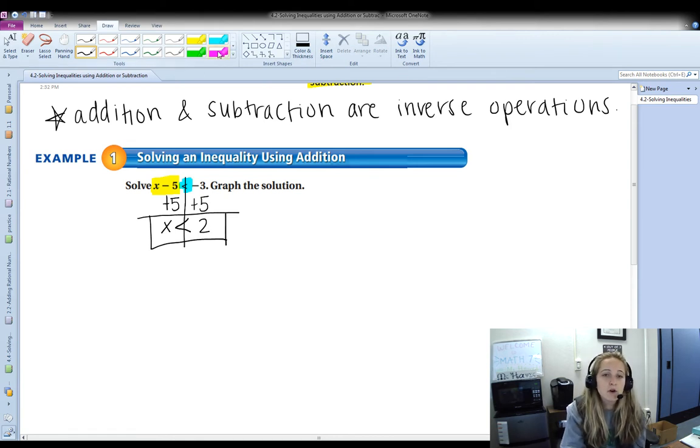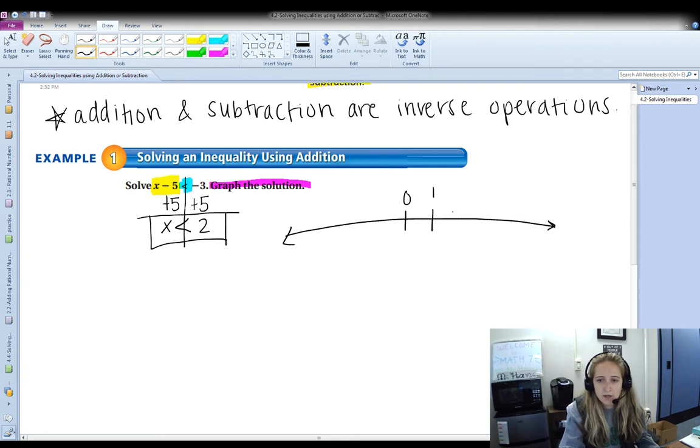Now notice over here, it says graph the solution. This is something we didn't have to do in chapter 3, so this is pretty much the new thing that we're learning. You're going to draw a number line. I'm going to put my 0 here, then 1, 2, 3, 4, 5, and -1, -2, -3, -4, and -5.